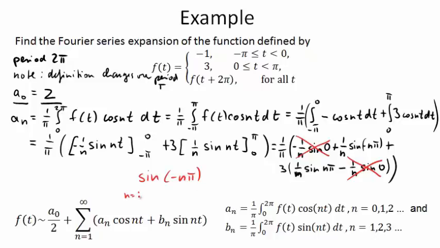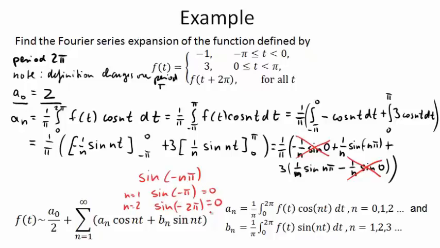So if n is 1, we get sine of negative pi, which is 0. If n is 2, we get sine of negative 2 pi, which is 0 again. And if we keep doing this, you'll see that these are all 0.